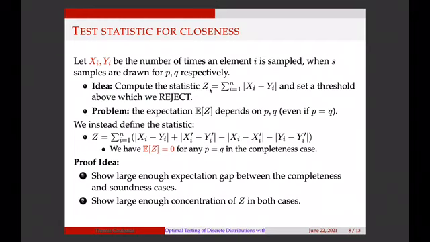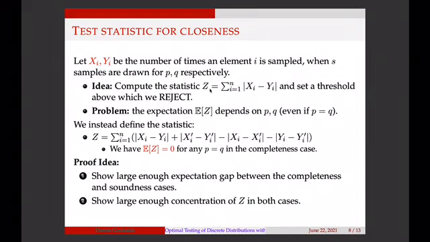I'm going to take a step back here and state that it's very common in this type of problem that we define a good statistic, hoping that it will have some nice properties. So what are these nice properties? In expectation, this will separate our completeness case from the soundness case.